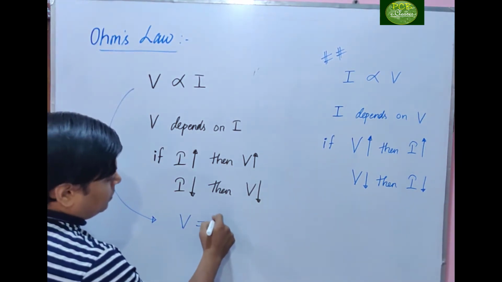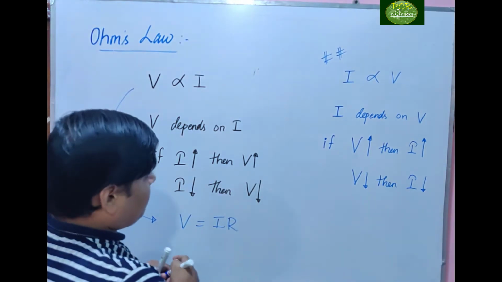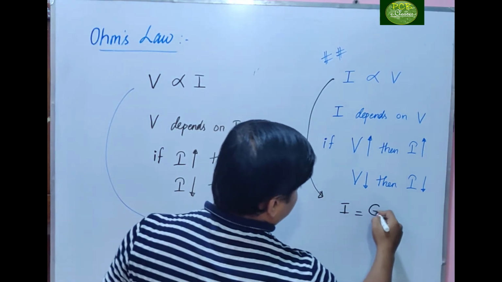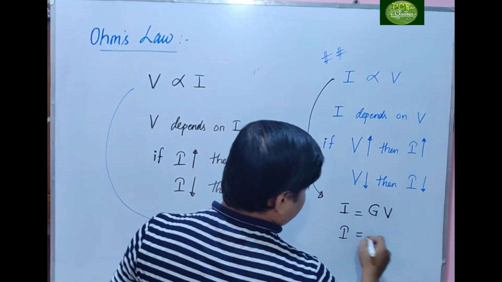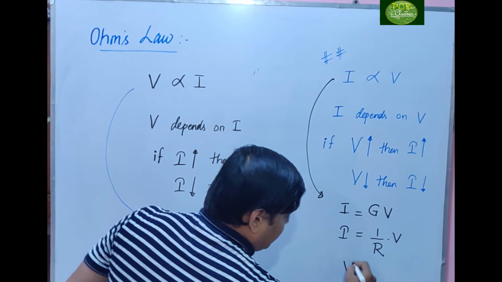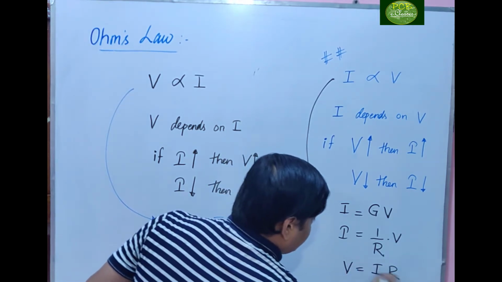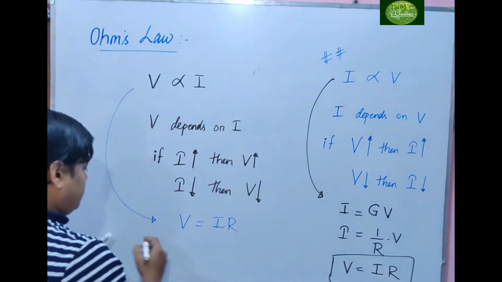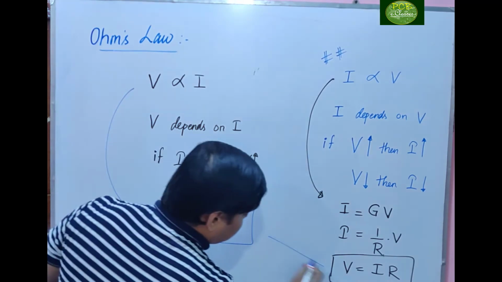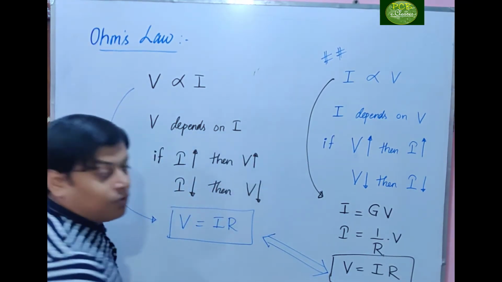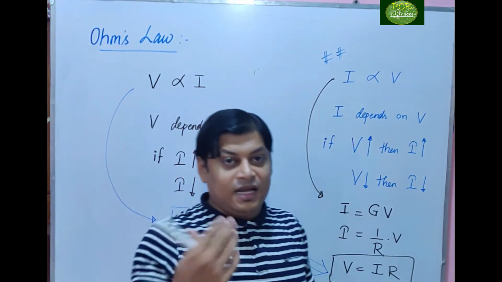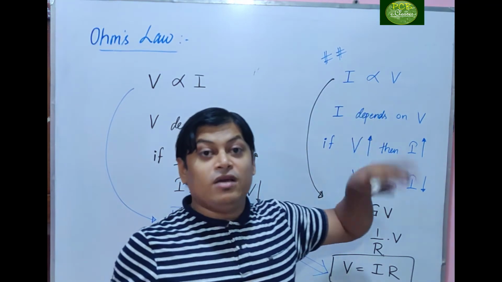V equals IR. And I equals GV, that is I equals 1 by R into V. Whereas this can be written as V equals I into R. So you can see here, the mathematical equations are both the same. So we are treating this one as Ohm's law as well as this one as Ohm's law. But practically, what is feasible is that the current depends on the voltage.